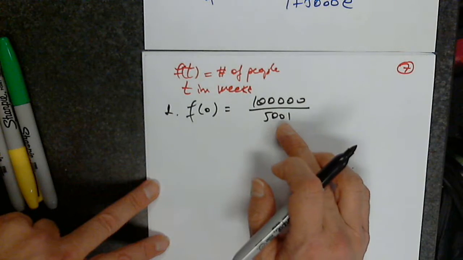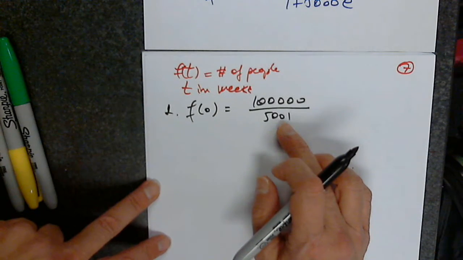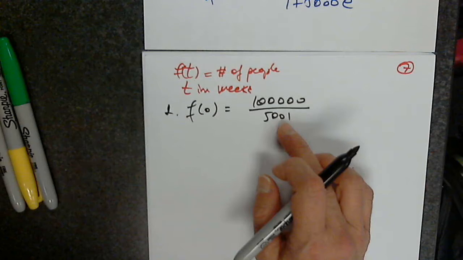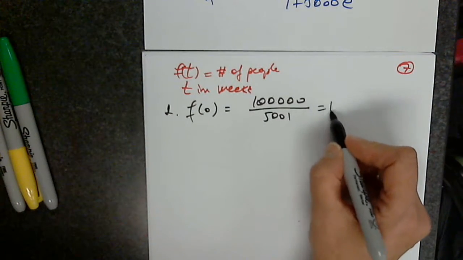When I divide by 5,001, I have less than 20. And since I cannot say that I have 3.5 cats, I cannot say that I have 19.5 people.